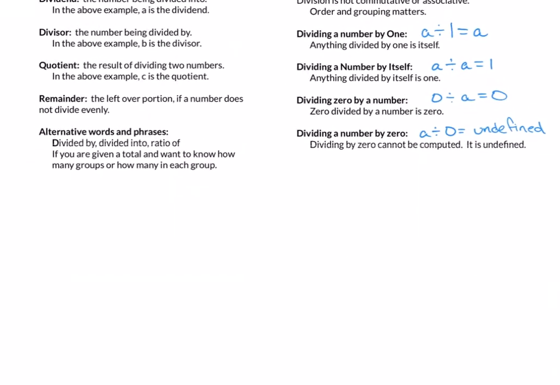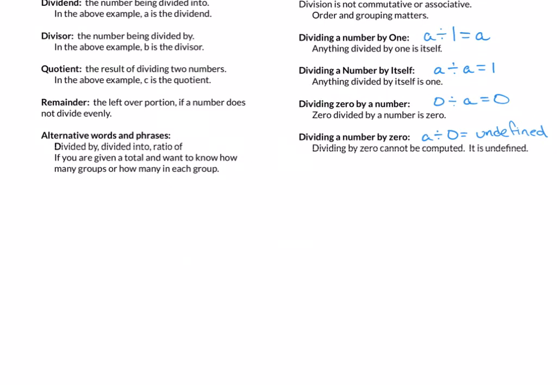So for instance, if we look at something like 15 divided by 3, what this means is 3 times what equals 15. We'll explore this a little bit more in the next slide. But what we're wanting to know is 3 times what equals 15.